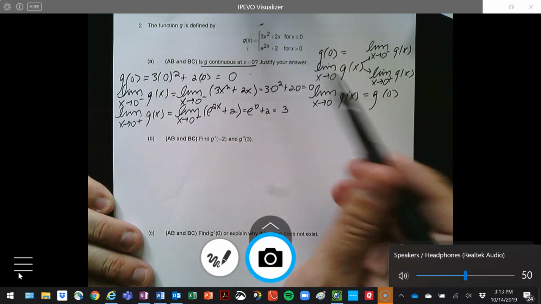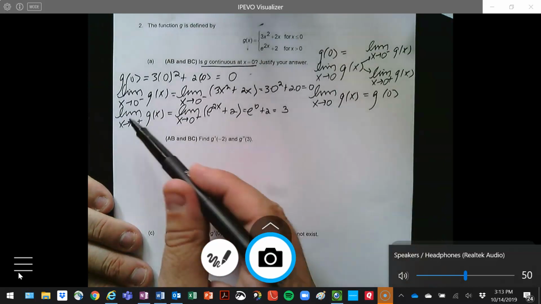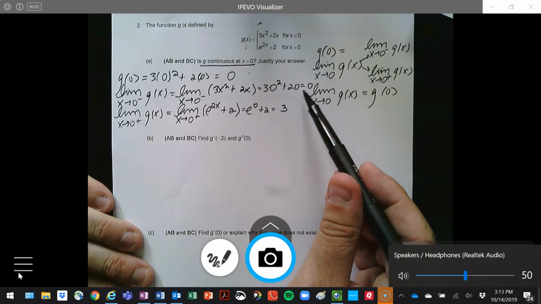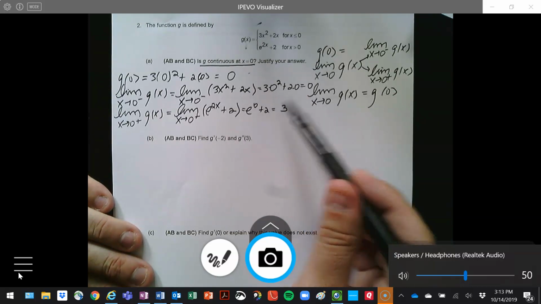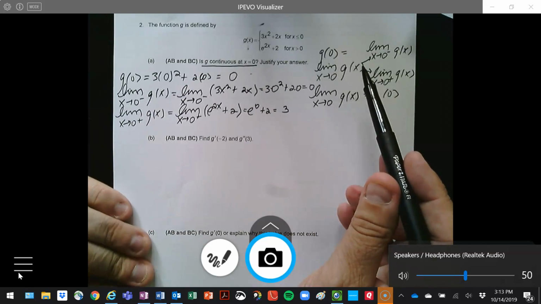Well, look what just happened. The limit from the left of 0 is 0. The limit from the right of 0 is 3. Because these two are not equal to each other, the limit as x approaches 0 doesn't exist, and the function isn't going to be continuous.